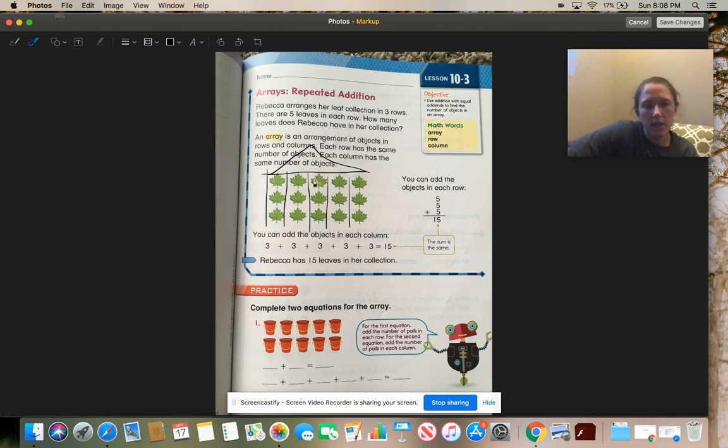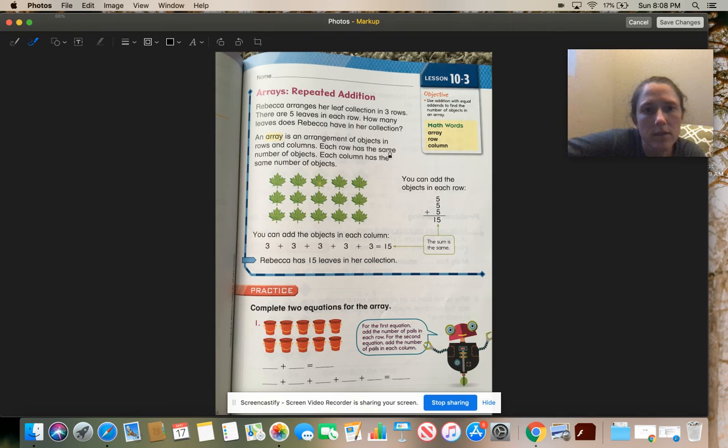Let's talk more about what an array is and how we can use arrays to help us count. Let's read the problem. It says Rebecca arranges her leaf collection in 3 rows. There are 5 leaves in each row. How many leaves does Rebecca have in her collection?